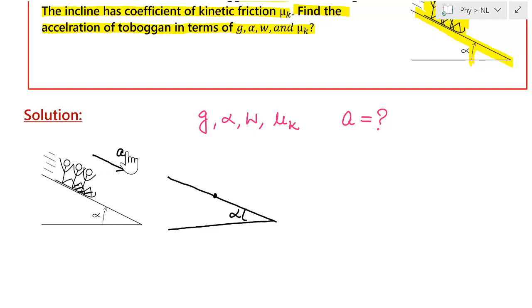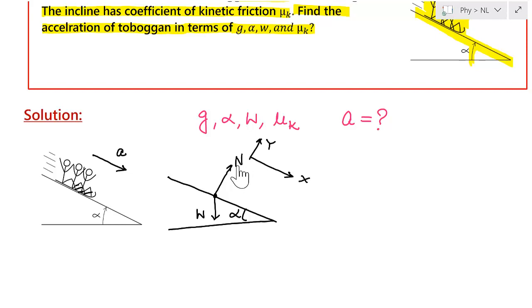Acceleration is a. Let us assume this direction is my positive x-axis and this is my positive y-axis, that is perpendicular to the inclined plane. So the first force that is acting is the weight of the toboggan, that is W. And there is a normal reaction that will come, and this has value N.